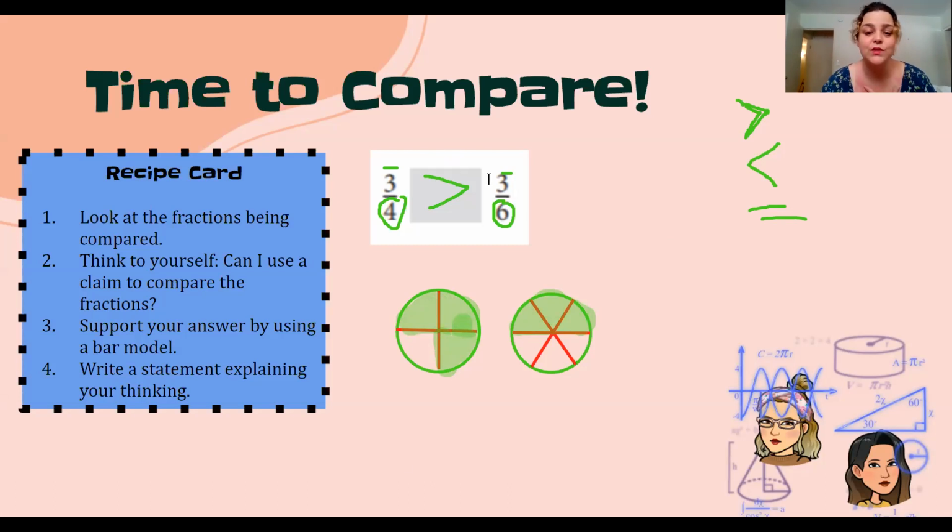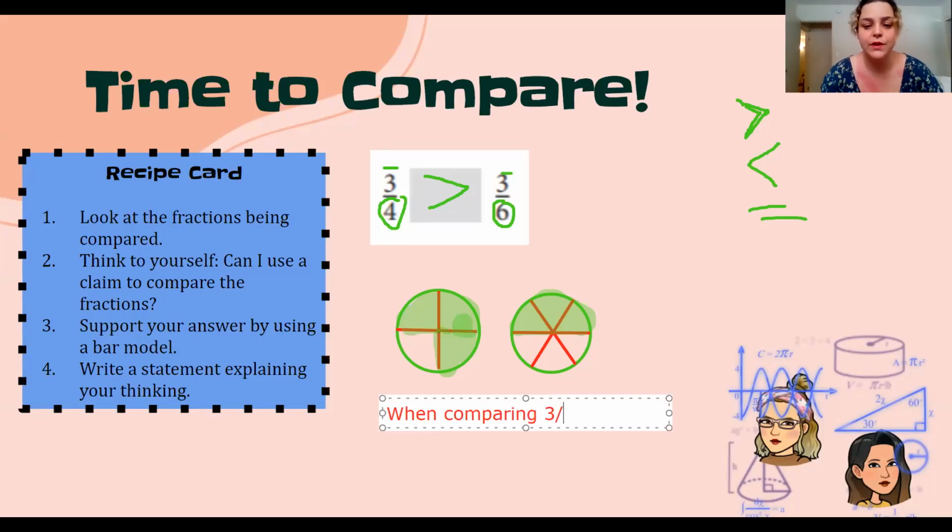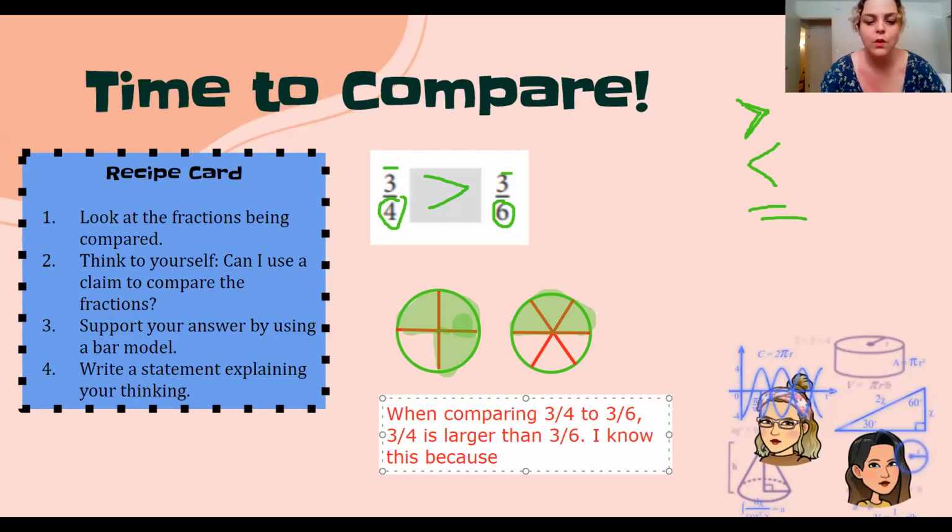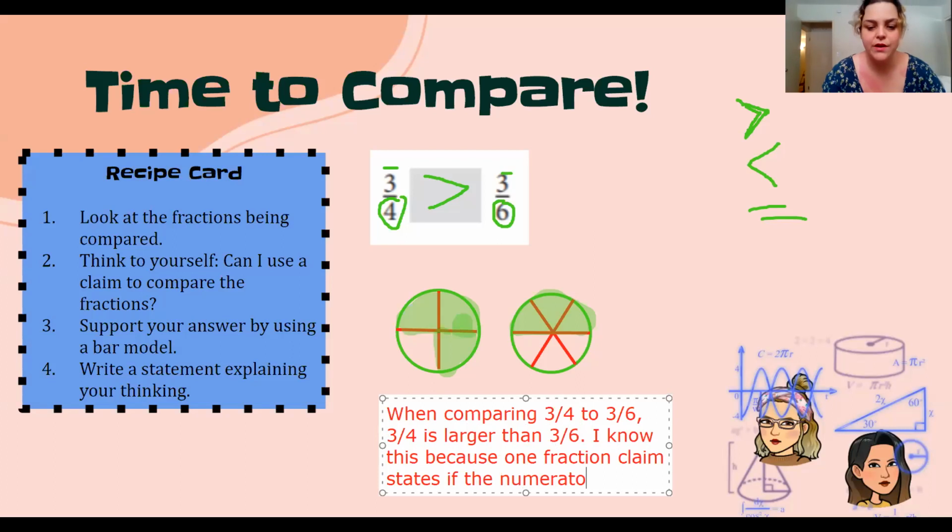So what are we going to do, friends? We are going to write a statement. When comparing 3/4 to 3/6, 3/4 is larger than 3/6. I know this because one fraction claim states if the numerators are the same, look at the denominators.